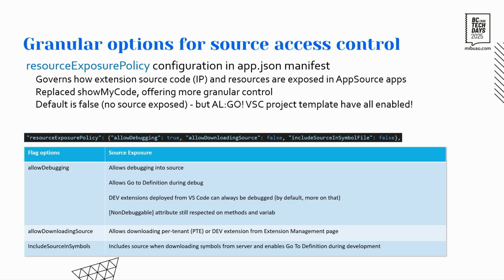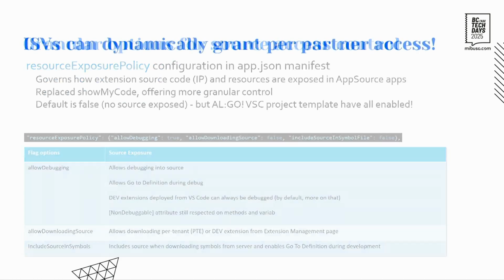Normally, the defaults for these are set to false to not expose anything, but actually the AL Go project template in Visual Studio Code will typically have these enabled because then it's a little harder to start out with them having been completely locked down.